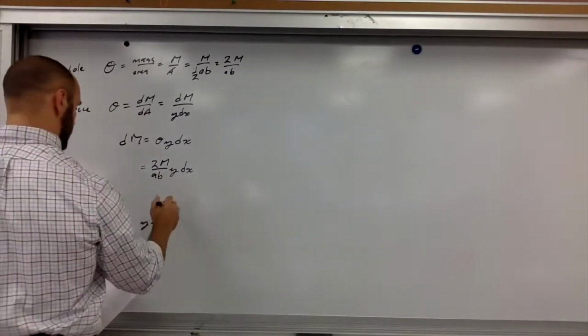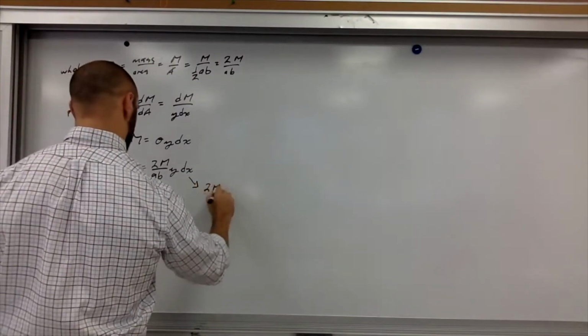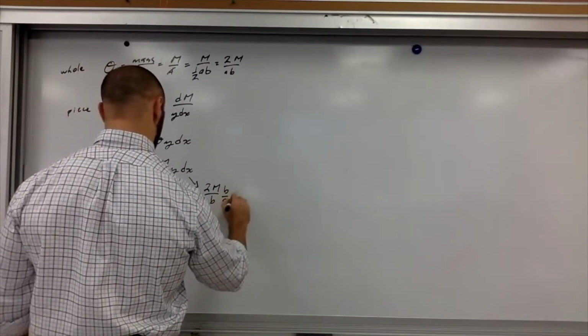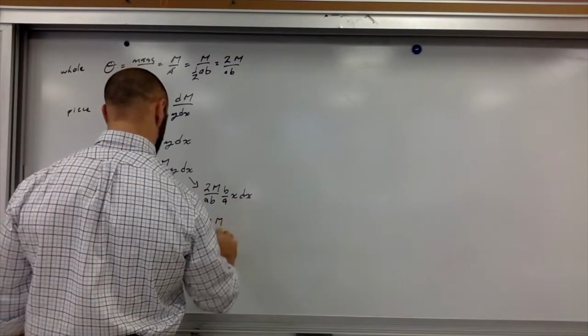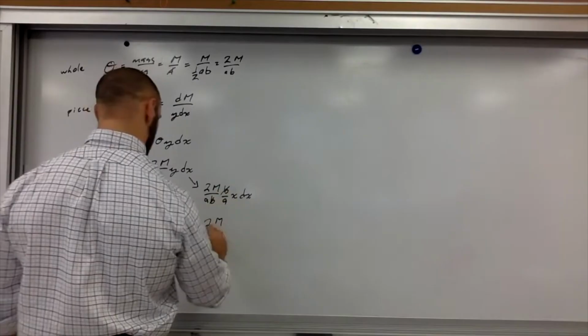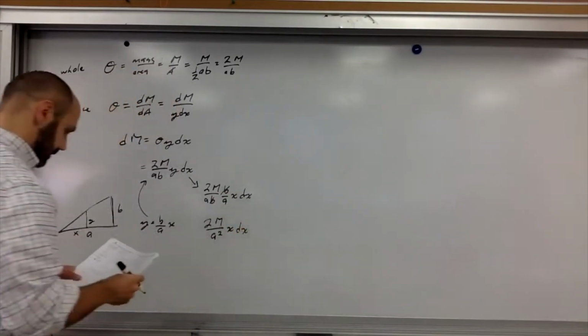Then I plug that in, and I get 2m over ab times b over a x dx. Simplify further, we get 2m, the b's cancel out, and I'm left with a squared on the bottom, a squared, x dx.